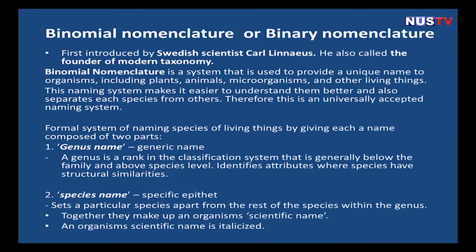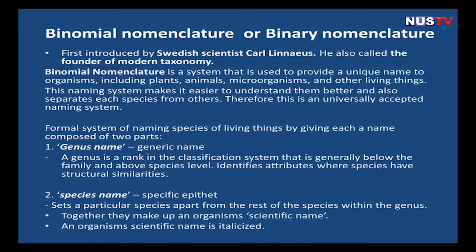So the top has a domain, then you have kingdom, phyla, class, order, family, then genus and species. So always remember the organization structure when you're referring to the genus and the species.